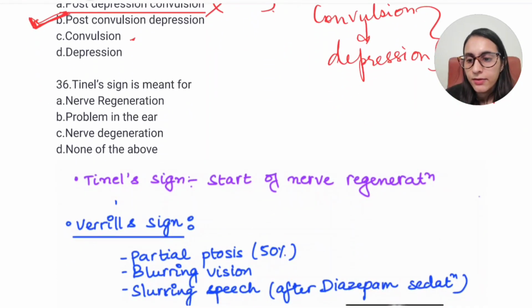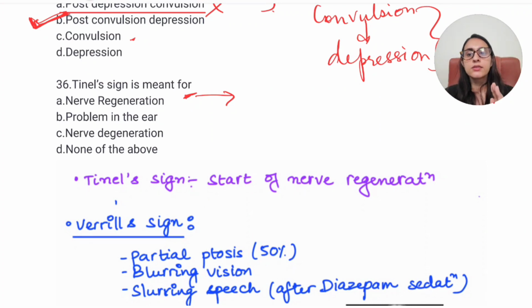Tinel sign is used in medical examination to assess nerve regeneration. It involves tapping or slightly pressing the nerve at a specific area of the nerve pathway. So we observe for any tingling or sensory response, and if the patient tells that they can feel it on tapping the nerve, this means regeneration is happening for the nerve.